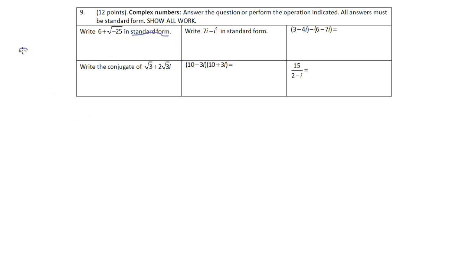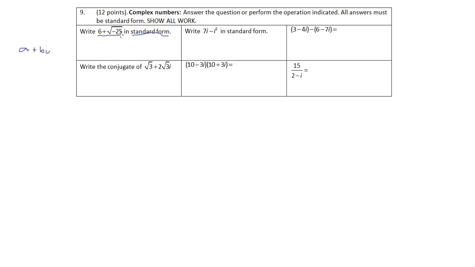So all of these answers need to be in this form, a plus bi. A is the real part, b is the real coefficient of i, the square root of -1.